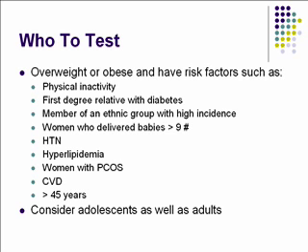And don't forget to consider adolescents with these risk factors as well as adults, because we're seeing more and more patients who are adolescents who are developing type 2 diabetes.